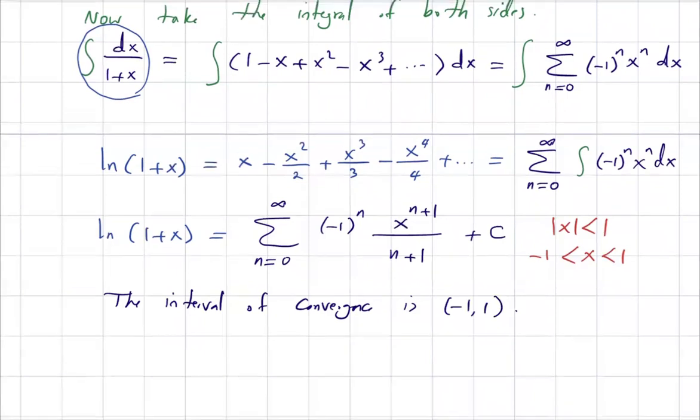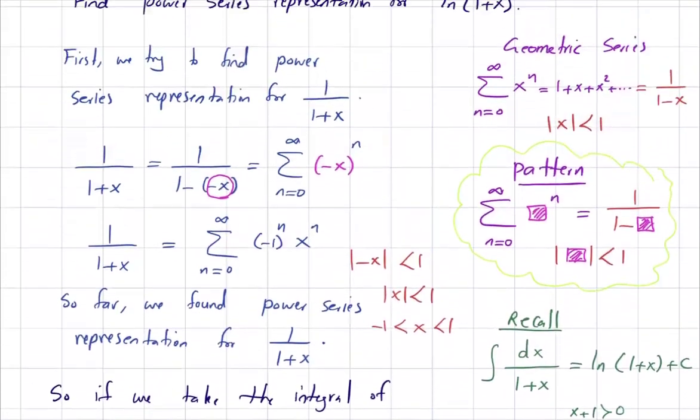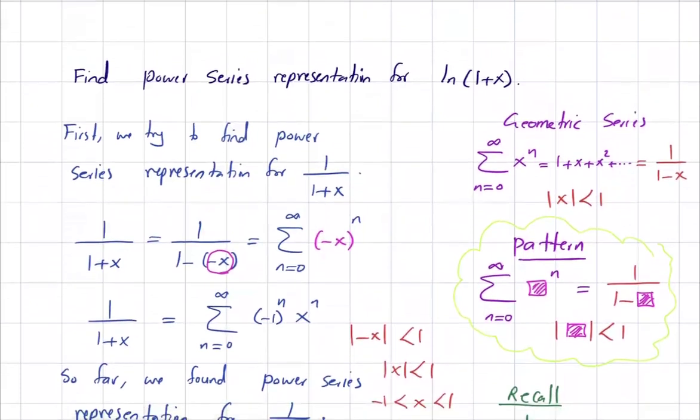So let us recap what we did here. We wanted to find the power series representation for ln of 1 plus x, and we went back and used the geometric series in general. Remind yourself of the definition of the geometric series. This is the summation of x to the n from 0 to infinity.